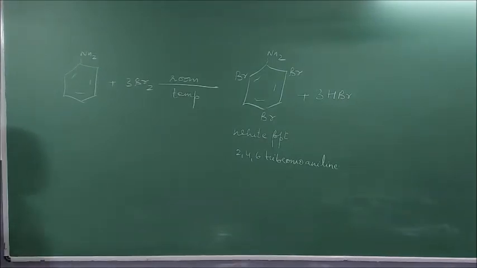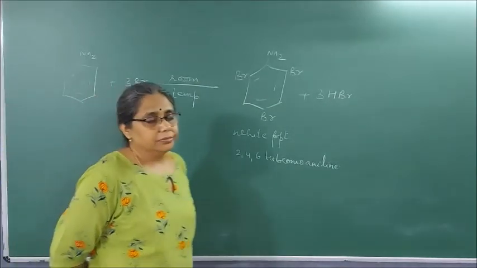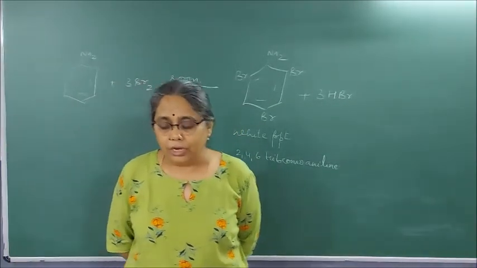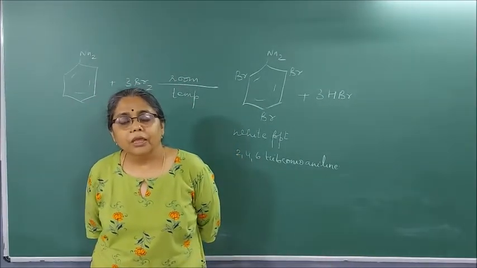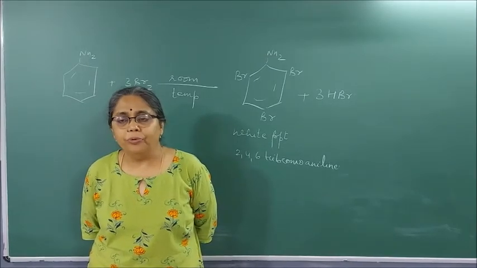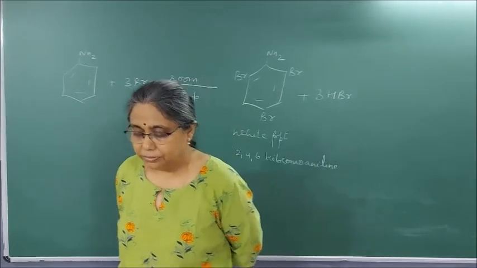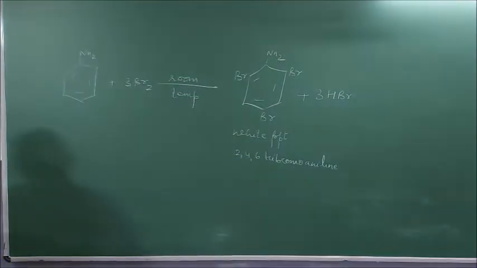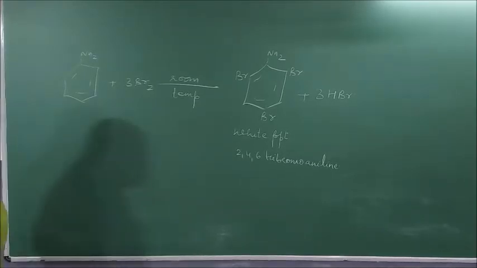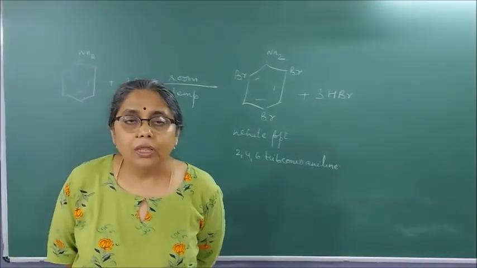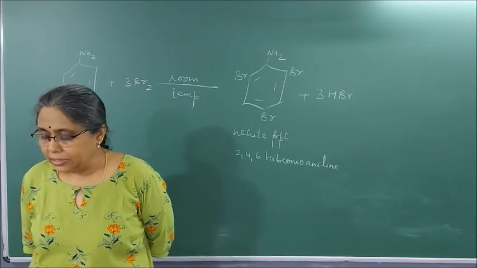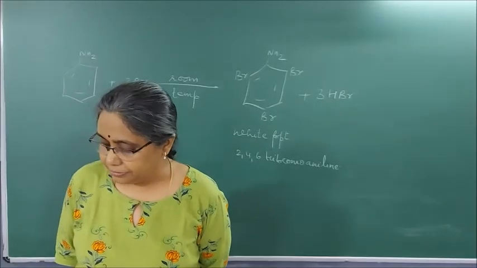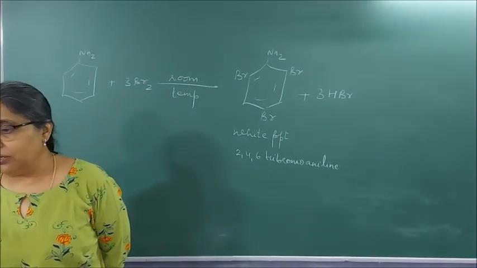Next point, to get mono-substituted products, the reactivity of the NH2 group has to be reduced, which is done by reacting it with acyl chloride.